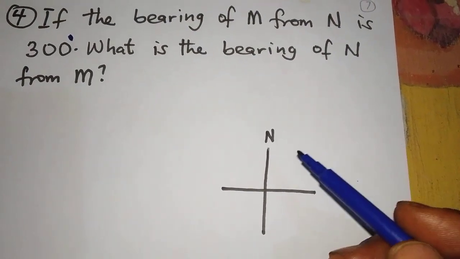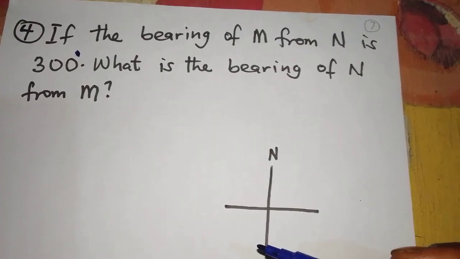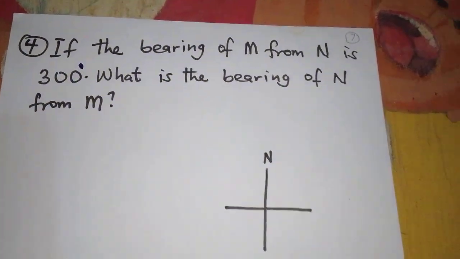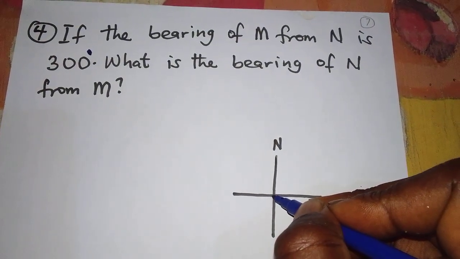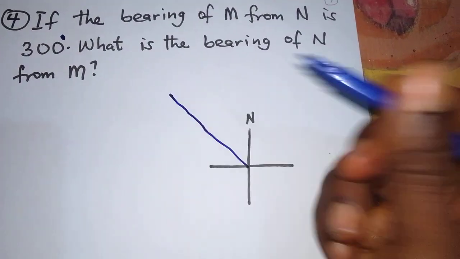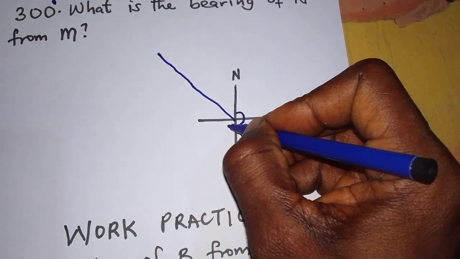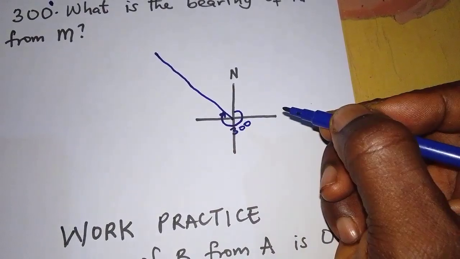So again, you have your 4 cardinal points. Draw your cardinal points. Then you say 300 degrees is in which of the quadrants? 300 degrees is in the 4th quadrant. So rule your line at the 4th quadrant. That means from the north up to where the line is, is 300 degrees.